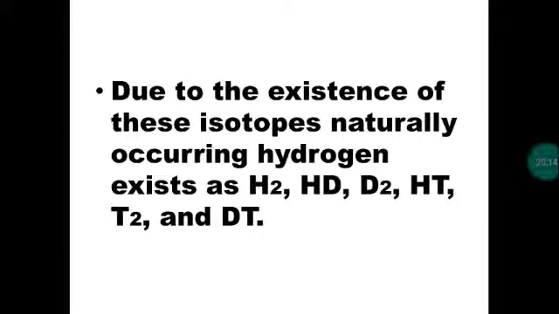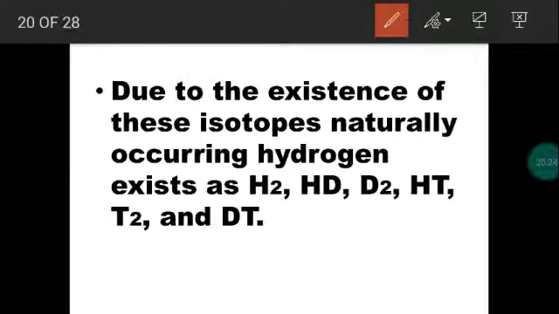So due to the presence of these three isotopes, the element hydrogen will exist in different forms. As we know, single hydrogen is unstable. Always hydrogen exists as a diatomic molecule. So two ordinary hydrogen atoms can combine and exist as an H2 molecule. Two deuterium atoms combine together by a covalent bond. It exists as a D2 molecule.